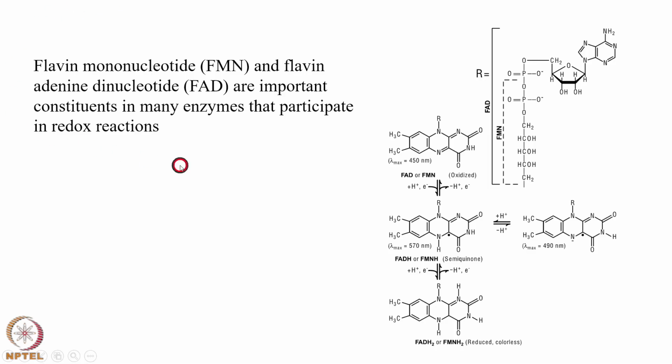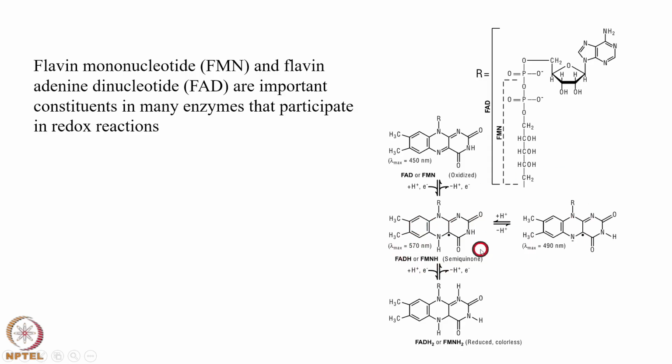Again, another molecule that we discussed, FMN or FAD, these are important constituents of many enzymes that participate in our electron transport chain or redox reactions. So, you can also find out the action of your electron transport by looking at the UV visible, right, whether it is FADH, protonated or deprotonated, whether there is a quinone group or semi-quinone group.